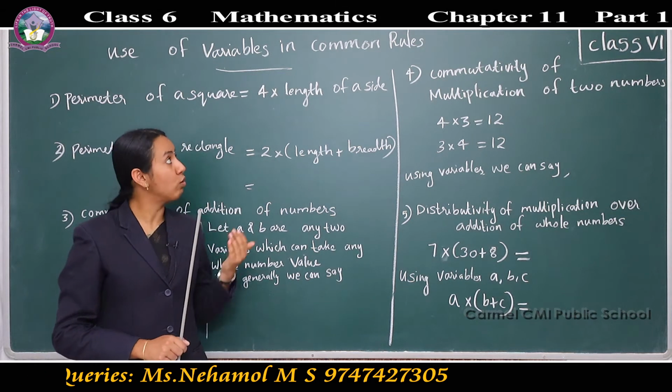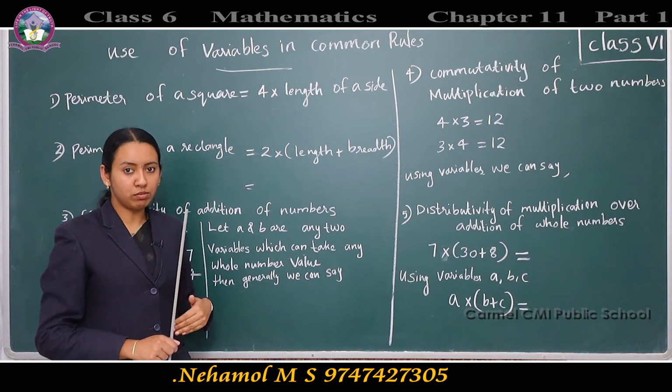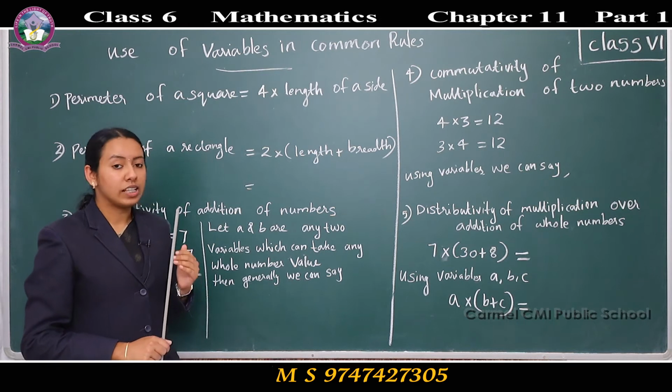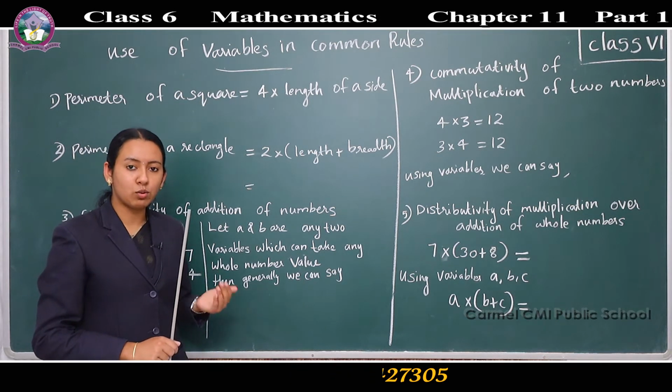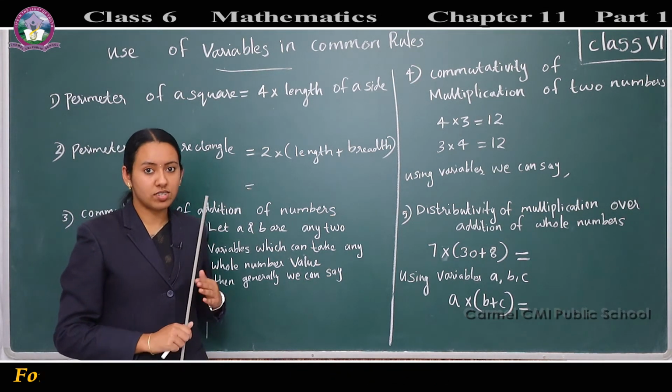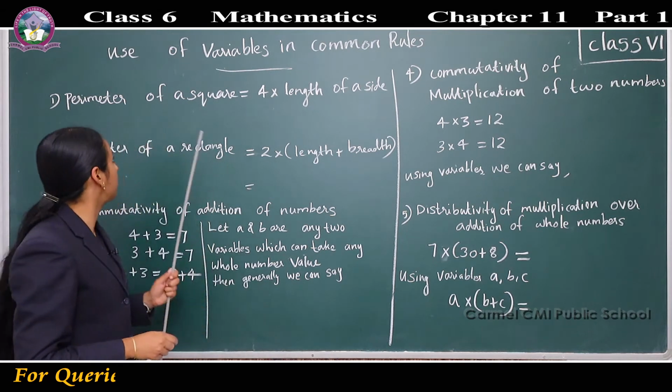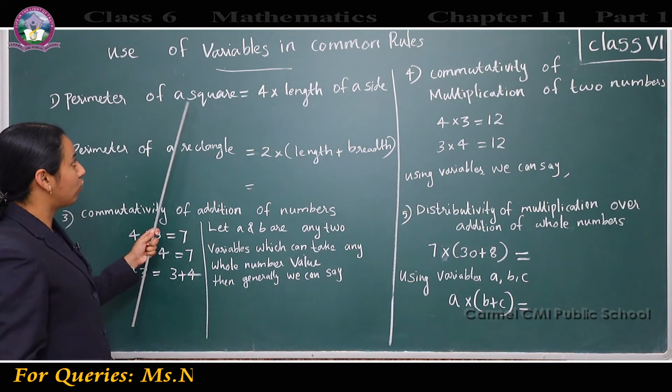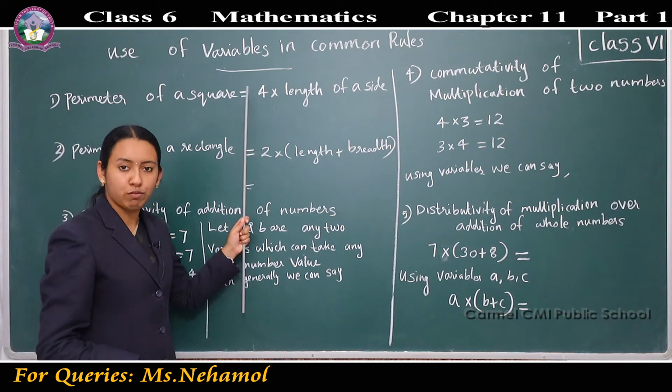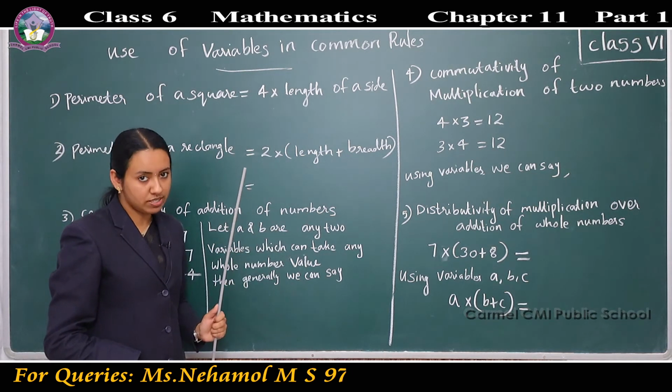Next topic, use of variables in common rules. Let us see how variables are helpful for us. First of all, they help us to write rules and formulas in a general way. We can go through some examples. We know that perimeter of a square is equal to 4 into length of a side.